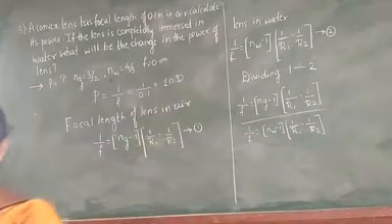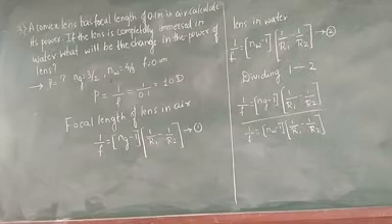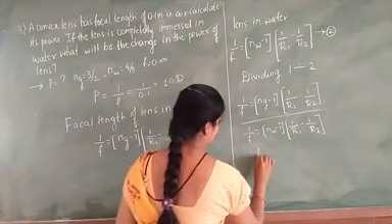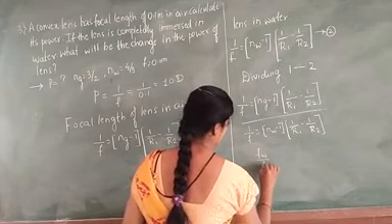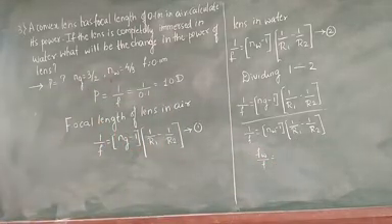Now here some terms get cancelled. The total answer we are getting here is fw by f is equal to Ng minus 1 divided by Nw minus 1.